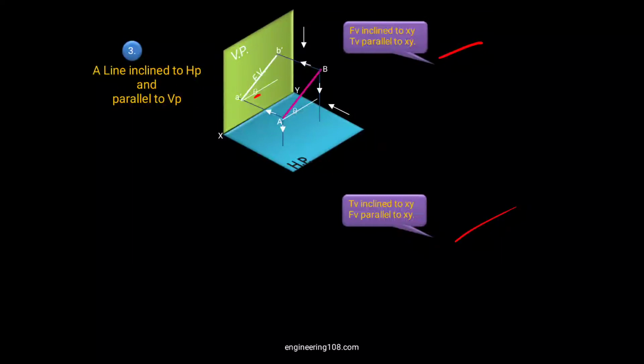For the top view, the points are transferred, A and B, and strike the HP. This is the top view. Now if you observe clearly, point A is at this length above HP and in front of VP, this distance you have to take into consideration.